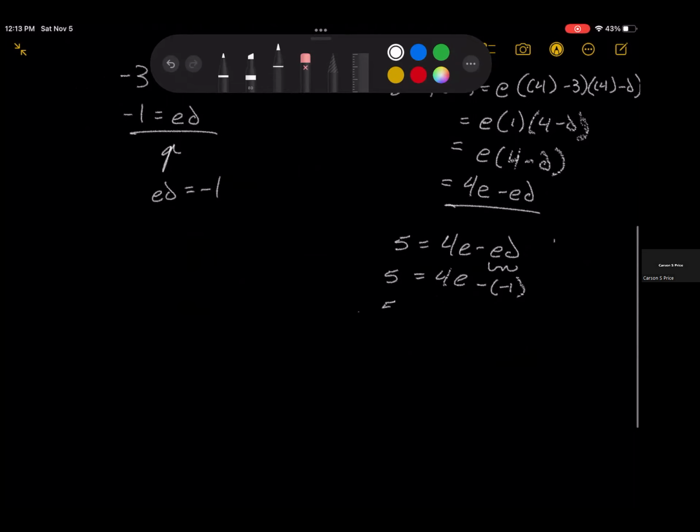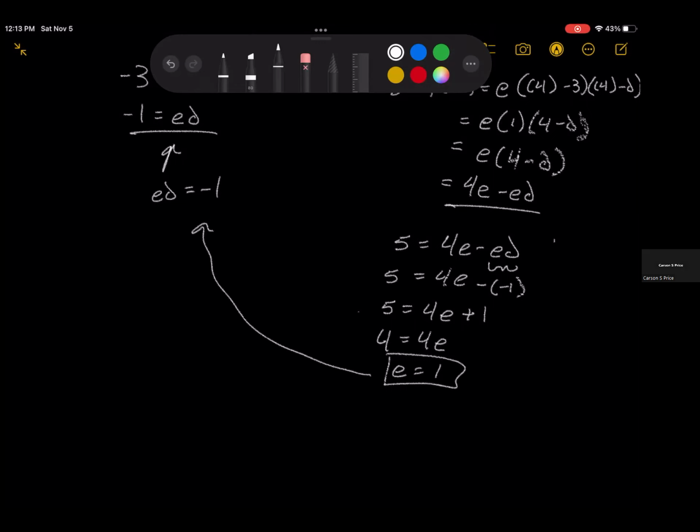Cool. So now I know that 5 is equal to 4e plus 1. Now e is the only thing that's missing. I subtract 1 from both sides and find that 4 is equal to 4 times e. E has to be 1. Now that I know what e is, I can figure out what d is. E is equal to 1, times d is equal to minus 1, so d has to be minus 1.